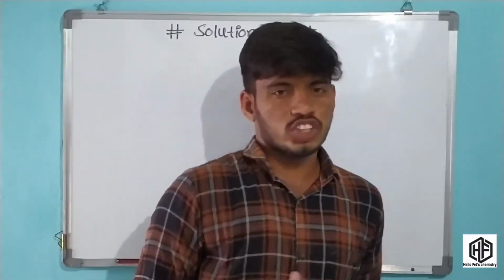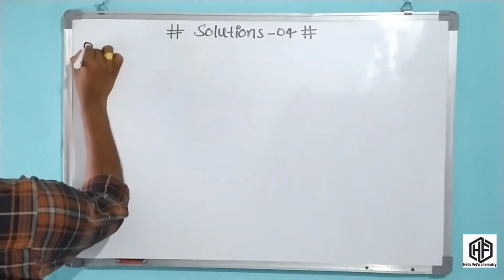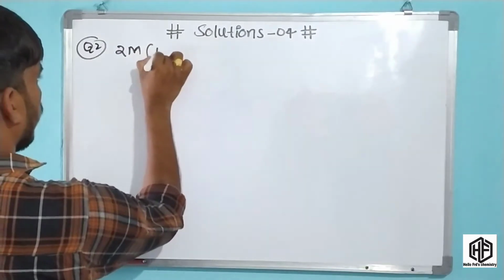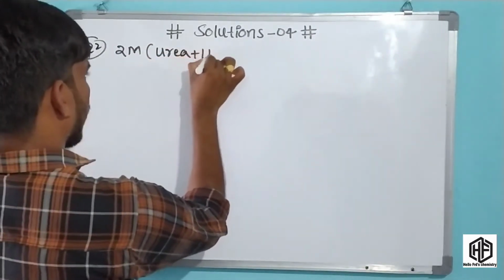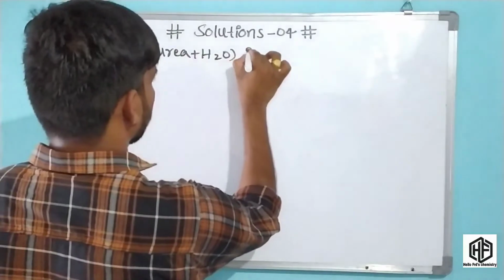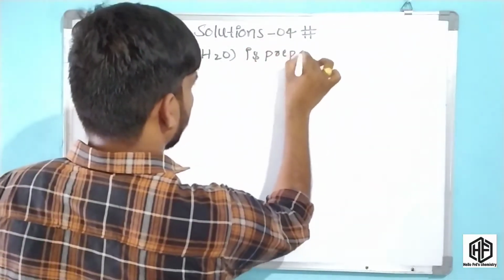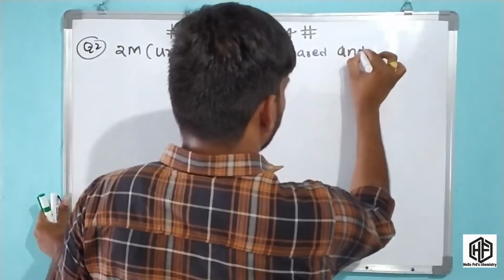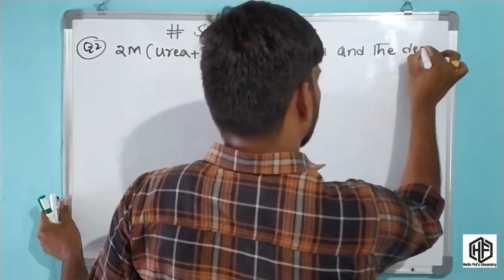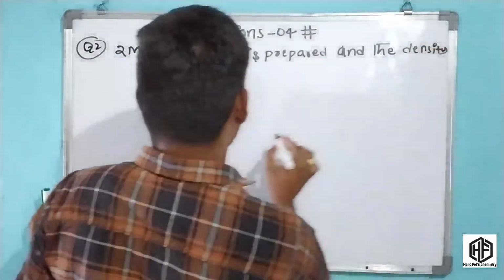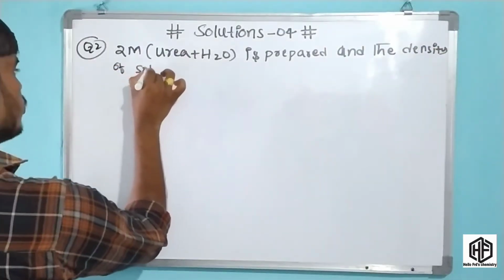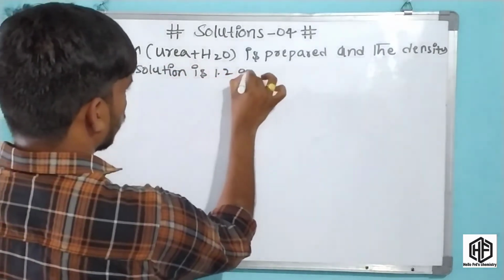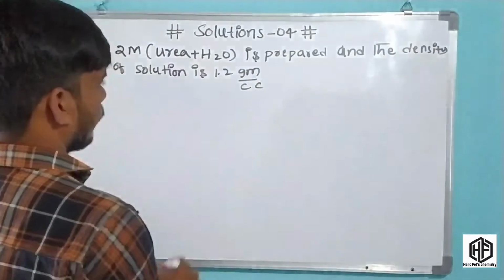Friends, question 2: a 2 molar urea plus water solution is prepared and the density of the solution is 1.2 grams per cc.